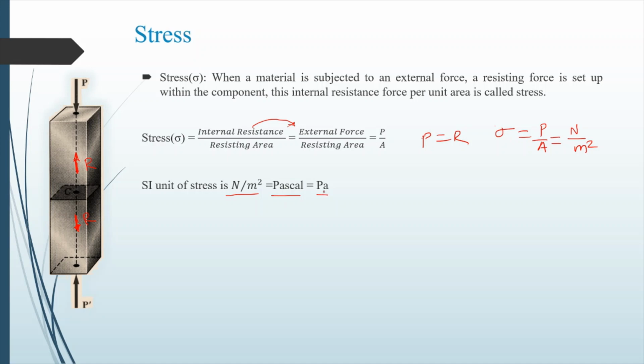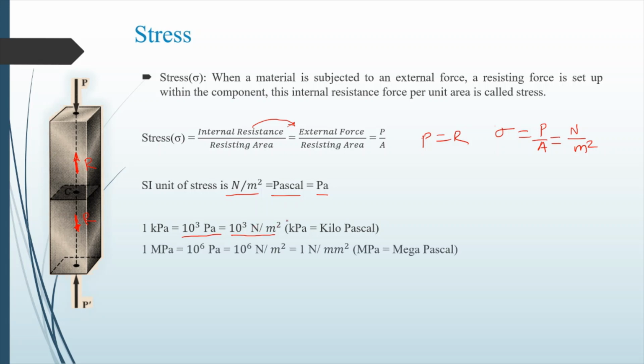There are some conversions which will be useful for solving problems. First, 1 kilopascal is equal to how much? 1 kilopascal is equal to 10 raised to 3 Pascal, or 10 raised to 3 Newton per meter square, as Pascal is equal to Newton per meter square.